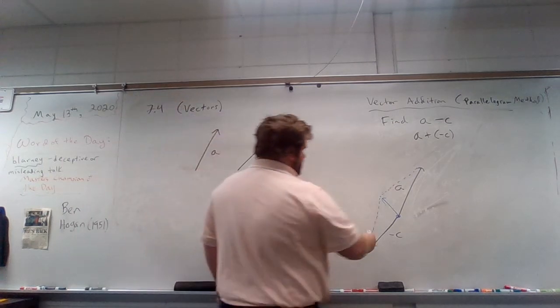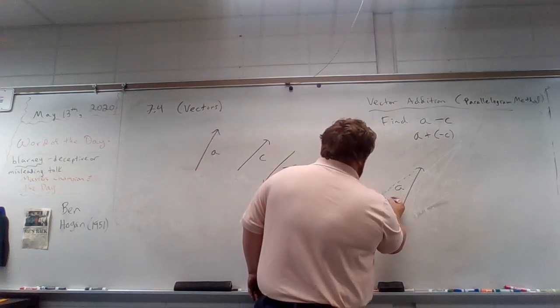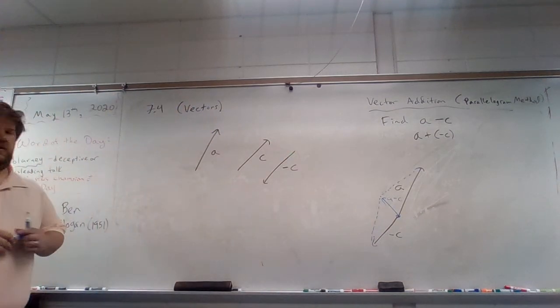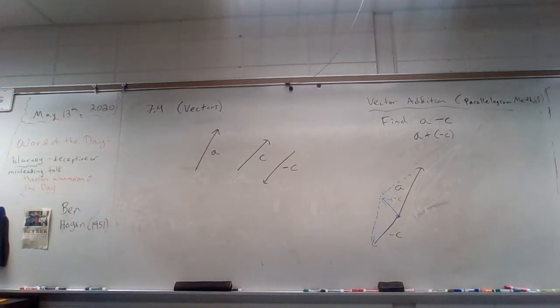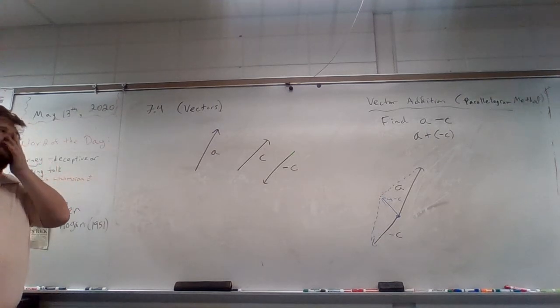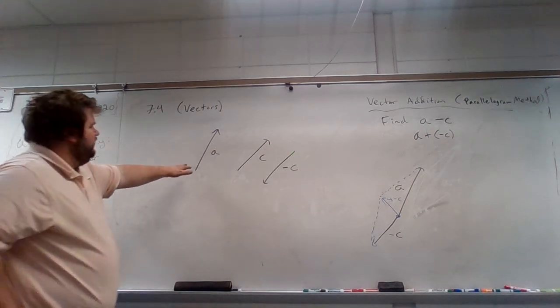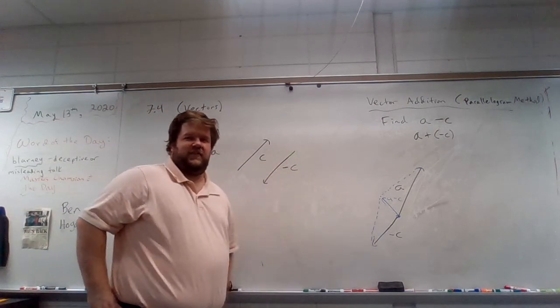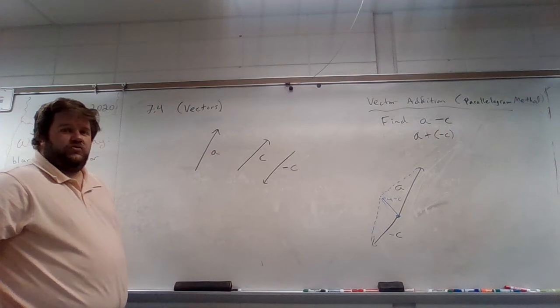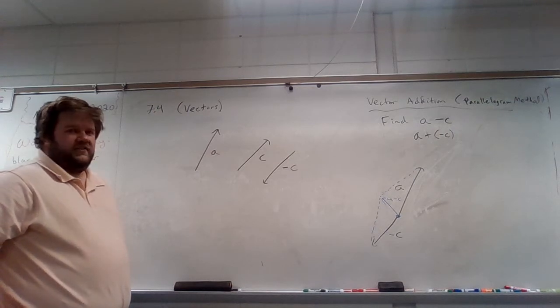That was A minus C. So I think we got something fairly similar to what we got before, right? When you're drawing this out, it's important to try to be as accurate with drawing the lengths and the directions of the vectors as you can. On paper, you could kind of trace it when you're doing this, so it would help a little bit.